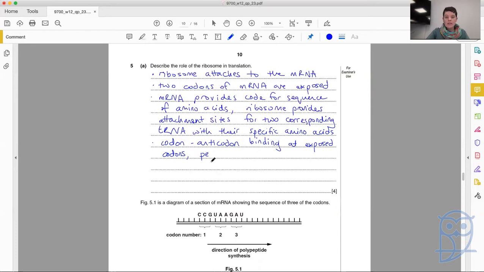And that then means that our peptide bond can form. Our ribosome contains peptidyl transferase to catalyze the peptide bond formation.